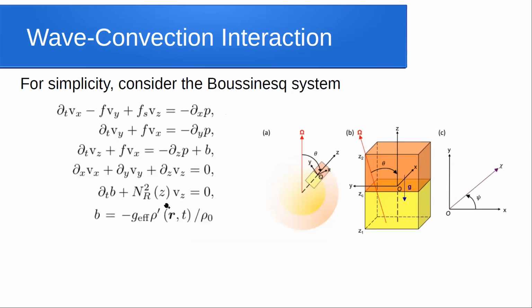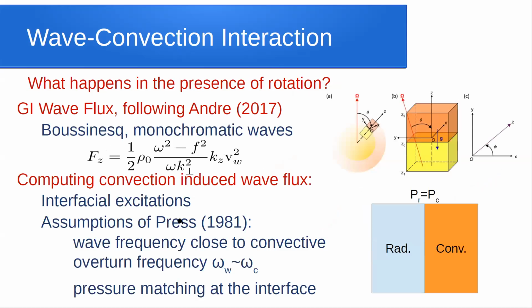Basically, you can combine these in a clever way and find a dispersion relationship that links your wave frequency to your wave vectors. And you can play around with a bit of complex algebra, and find what the convective flux should be in terms of those frequencies and wave numbers and the wave velocity.